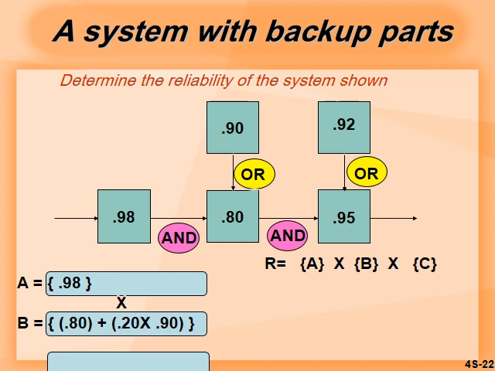The original will perform with success equals 0.8 plus the backup will perform if we have a failure for the original 0.2 times its success 0.9 times for C success of the original 0.95 or plus to perform the backup we have to have a failure of the original 0.05 times its success.